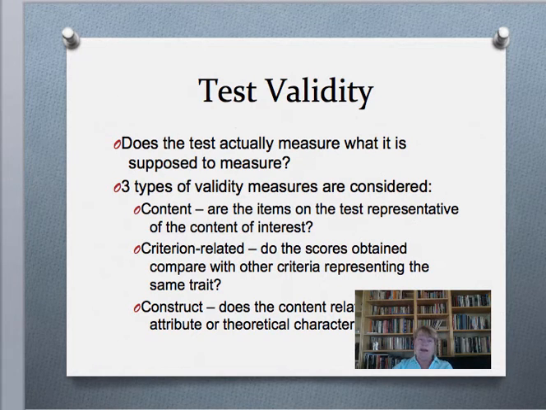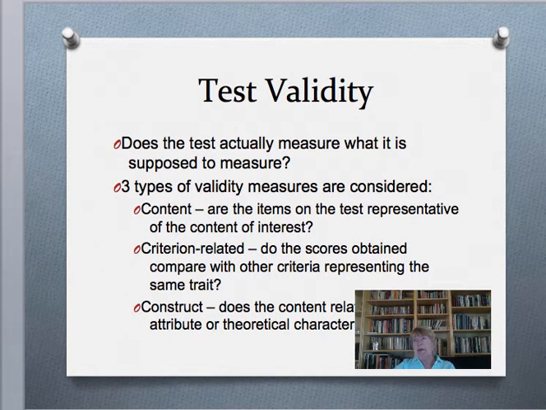And then finally, and this is the most difficult of the three, is construct validity. Does the content relate to a specific attribute or theoretical construct or characteristic? And that is, if I'm giving you a reading test, what theories would I have about how you should do in reading?